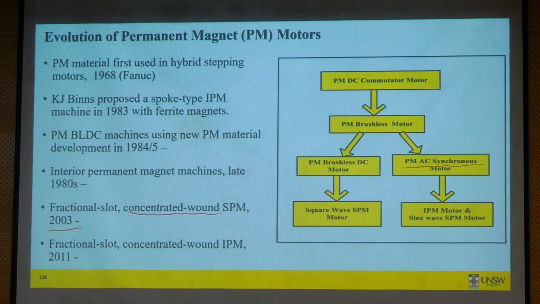The advantage of concentrated winding for SPM is that it allows flux weakening and constant power speed range. But another advantage is that it is cheaper to make. Okay, and you can reduce the size of the motor with concentrated winding. So that's why it later became quite popular, especially in the research area.